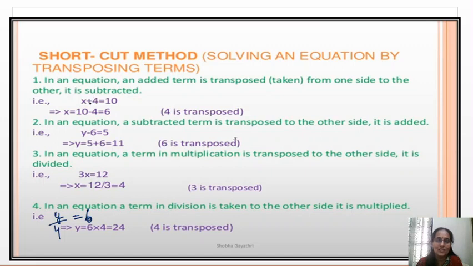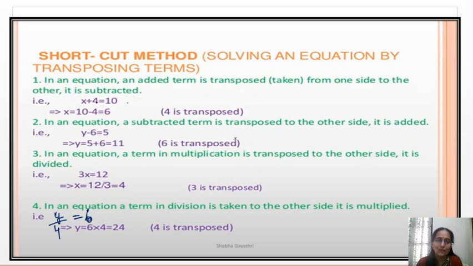Now we have to transpose 4 here to isolate the variable x on the left side. While transposing, addition becomes minus. 4 is added here on the left side. Transpose 4 to the right side.